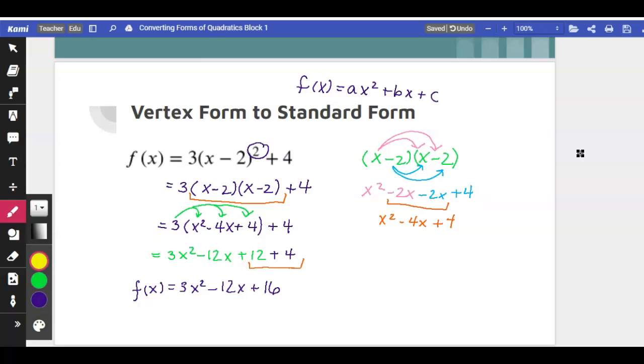It's one of the cool things about this: take this equation that you just wrote, type it into Desmos, take the original function, type it into Desmos, and make sure they are the exact same graph. If they're the exact same graph, chances are you are completely correct and you have switched from vertex form to standard form.